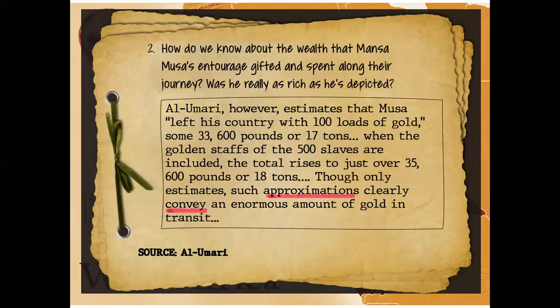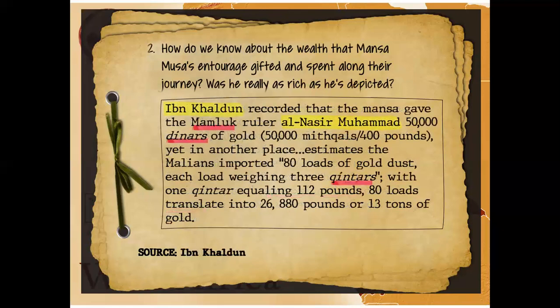So if we were to go back just one and look at what we get from Ibn Khaldun, he said that there were 80 loads of gold, which would be 26,880 pounds of gold.